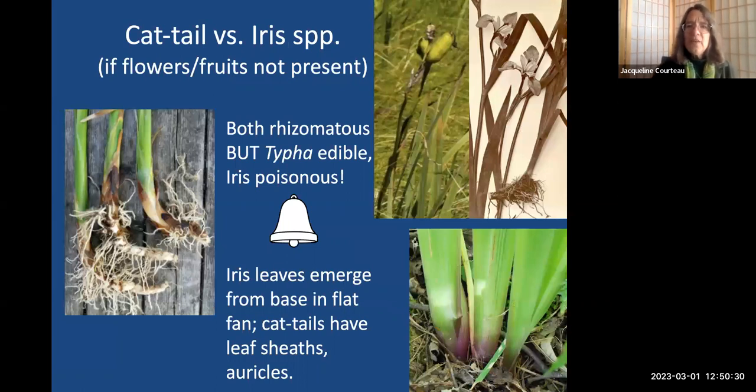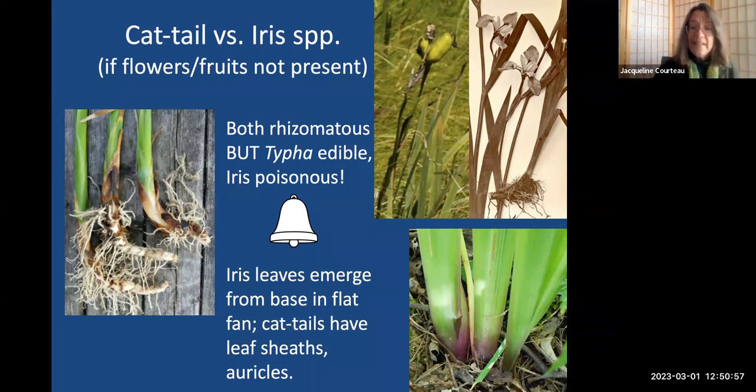Really important bell ringer here on the comparison with iris species. The reason I want to point this out is that if flowers and fruits are not present, you should be aware of this, because Typha, cattail rhizomes are edible and have long been used as a food source by Native Americans, and many people today still like to harvest them as edibles.